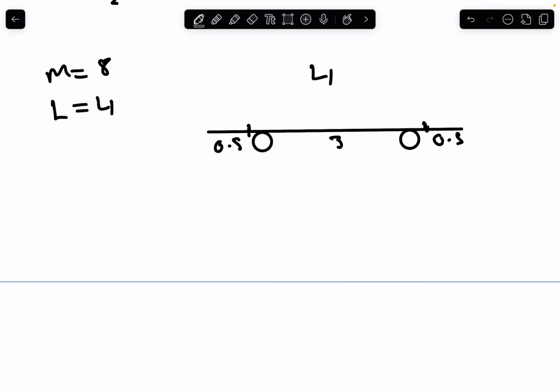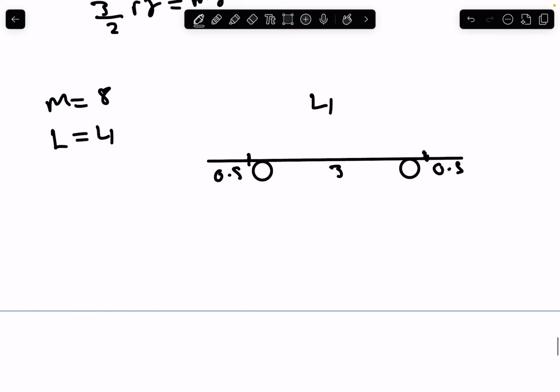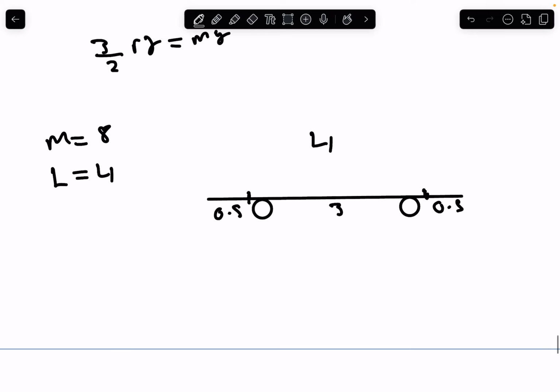So, at what distance from the center? Well, this is 0.5. This distance is 3. So each one of them is 1.5 from the center. Correct? Each of them is 1.5 from the center.